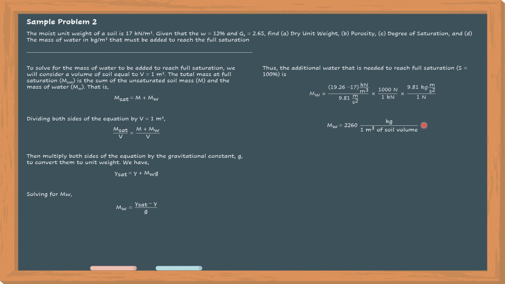Be mindful also that if you directly solve the mass of water using this formula and substituting known values, kumbaga ang unit na result is not in kilogram per cubic meter. So i-convert natin yan siya into kilogram per cubic meter para mas manageable ang final answer. So the final answer is 2260 kilogram per 1 cubic meter of soil volume.